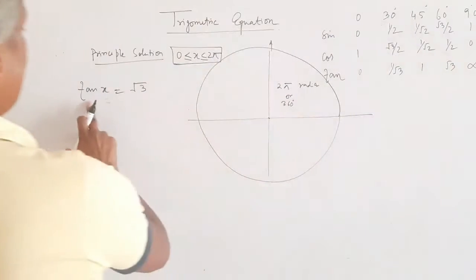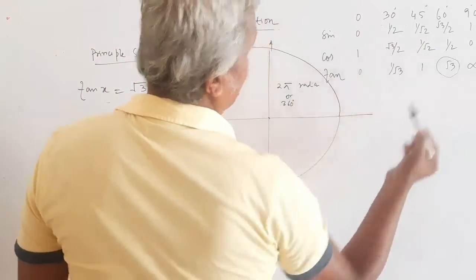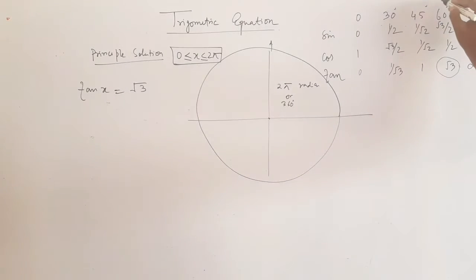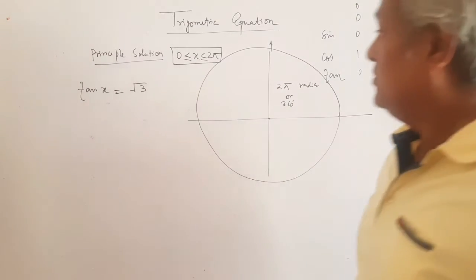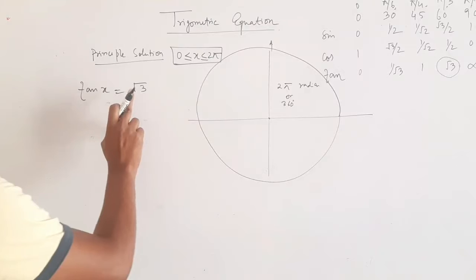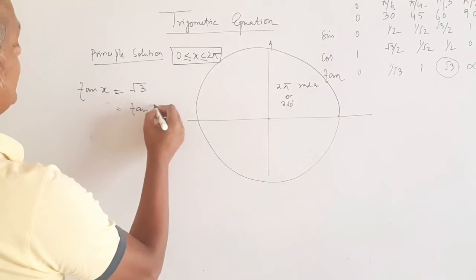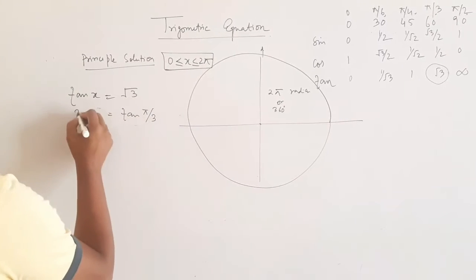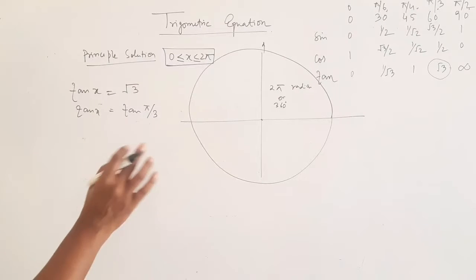So if tan x is root 3, this is the case, and 60 degrees, as you know, is pi over 3. This is pi over 2, this is pi over 4, this is pi over 6, and this is 0. So tan root 3 is tan pi by 3. So tan x equal to tan pi by 3, and we have discussed this formula in the past.